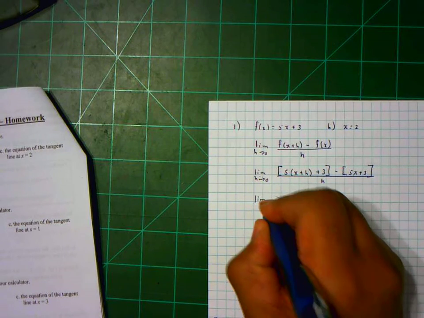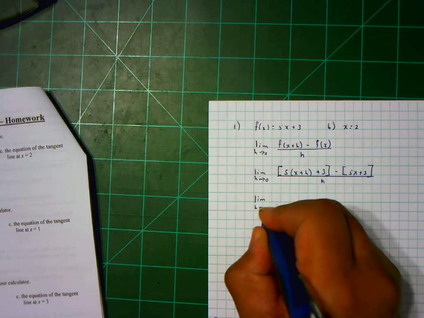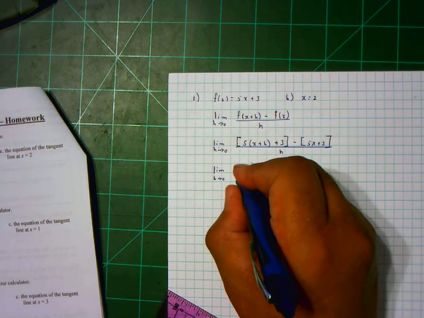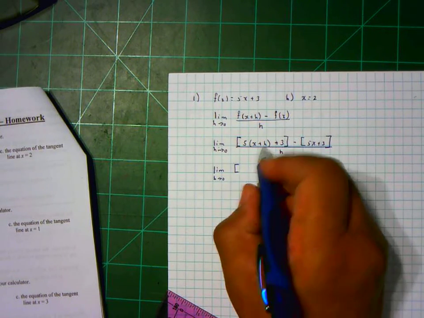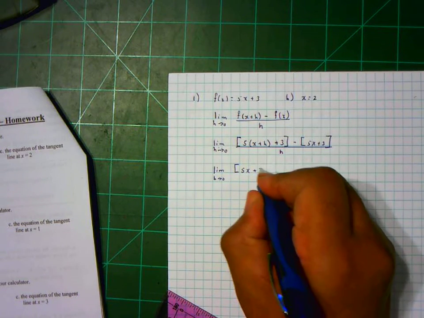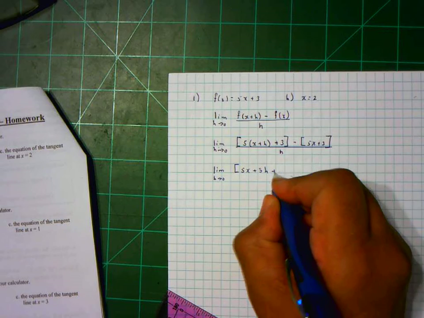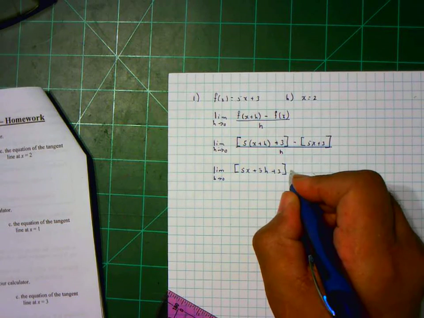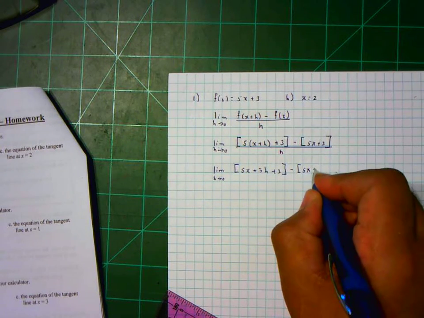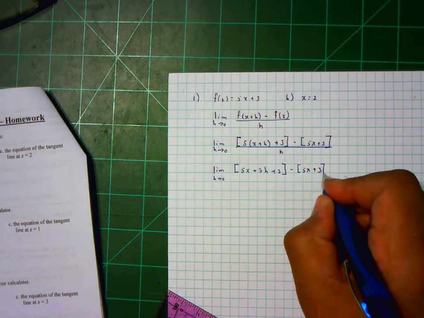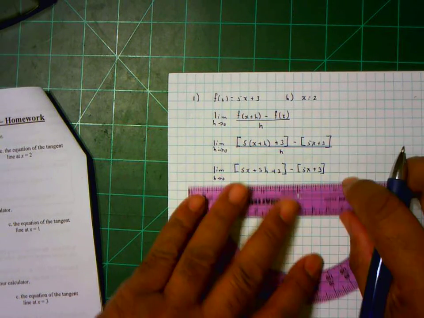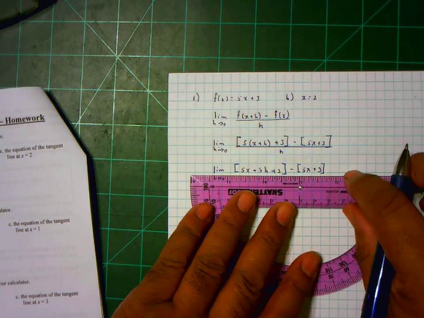So I'll rewrite this line. The limit as h goes to 0. Now distribute the 5 across that and you get 5x plus 5h plus 3 minus 5x plus 3, and this is all divided by h.